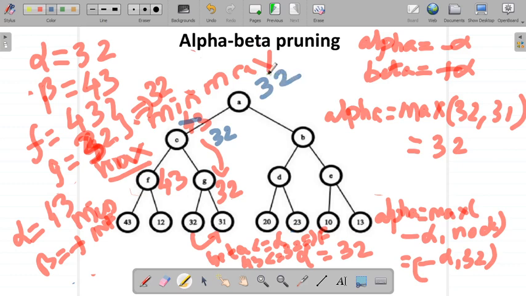The root node is the maximizer. So maximizer means we should calculate the alpha value.